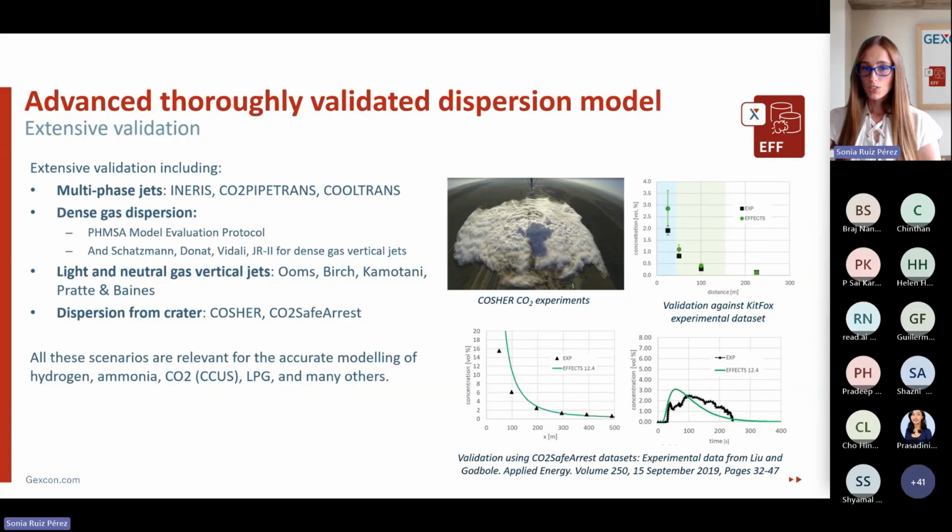And crater dispersion validation is supported by experimental data from COSHER and CO2SAFEARREST projects. So in summary, these validations ensure that the model is versatile, providing reliable dispersion modeling across various substances, including CO2 for CCUS or carbon capture, utilization, and storage, hydrogen, ammonia, LPG, and many other substances.